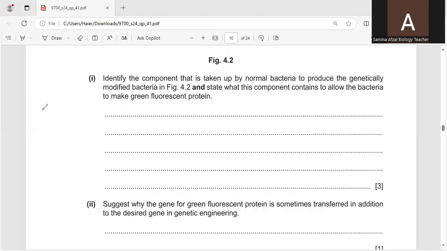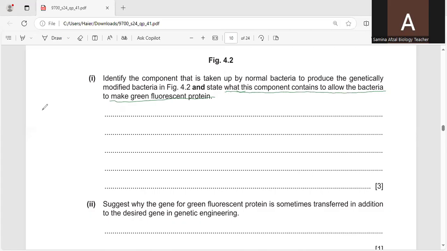Identify the component that is taken up by the normal bacteria to produce the genetically modified bacteria. In Figure 4.2, state what this component contains to allow the bacteria to make green fluorescent protein.